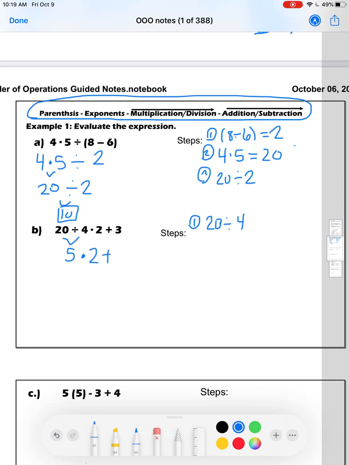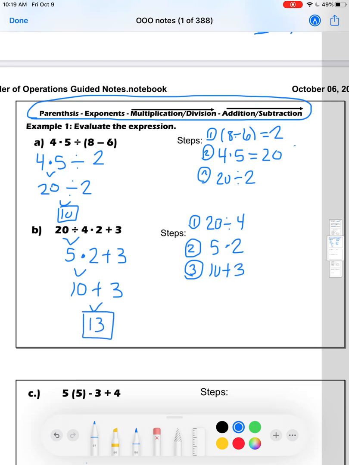Bring down what you didn't use. Step number 2 is then going to be multiplication, so 5 times 2. So we have 10 plus 3. Next, we have addition, so we're going to go ahead and add. So our final answer is 13.